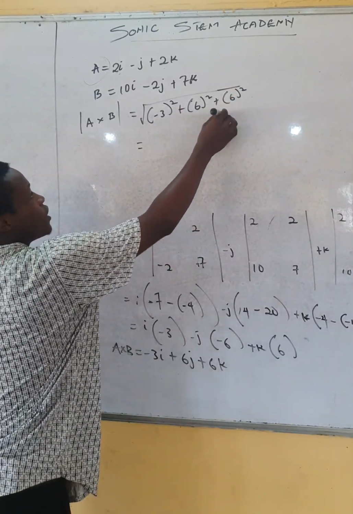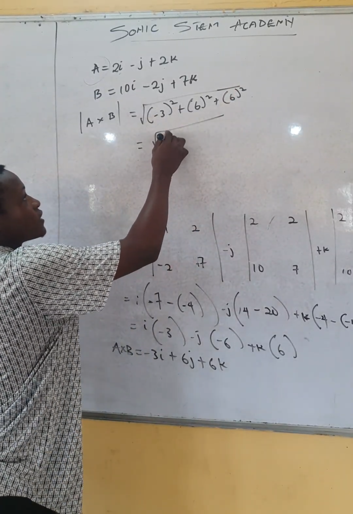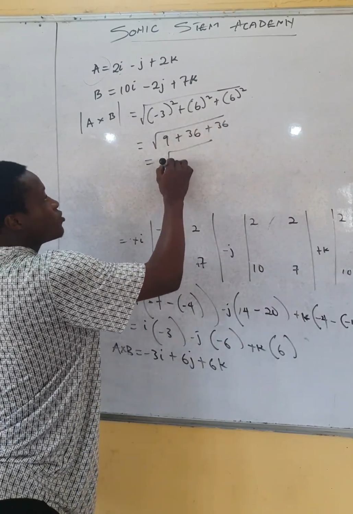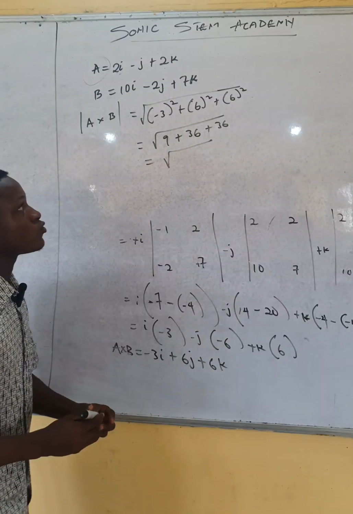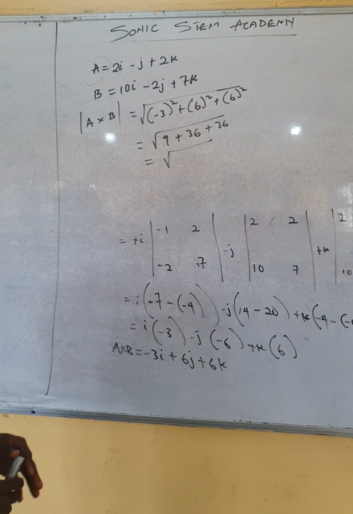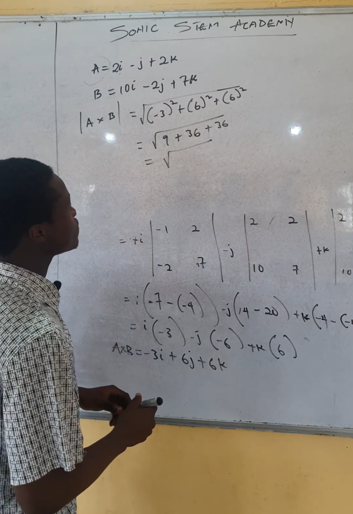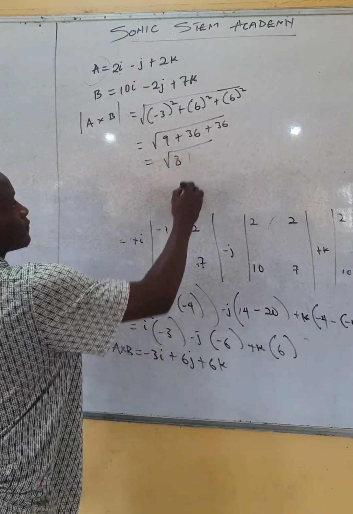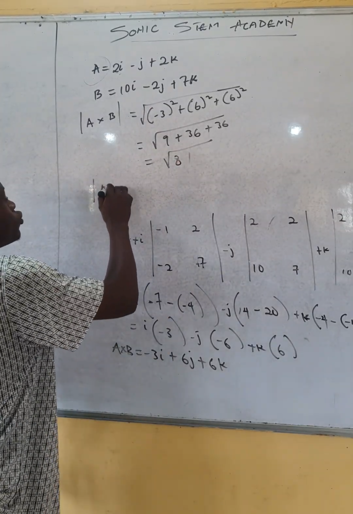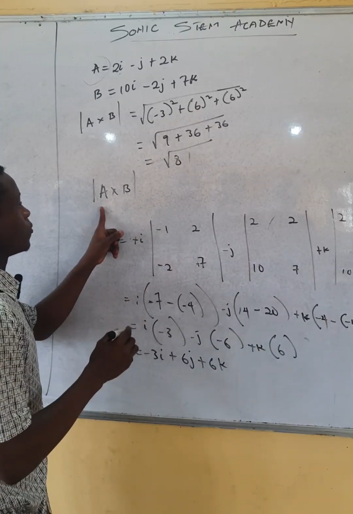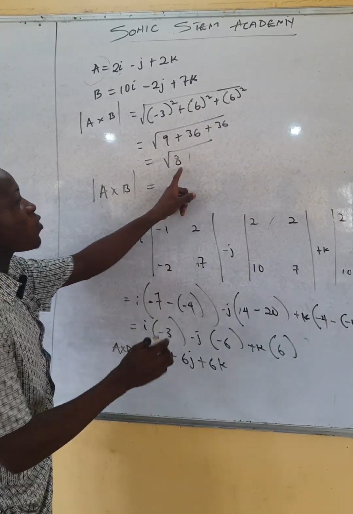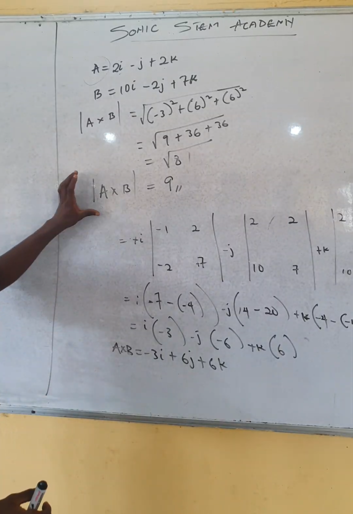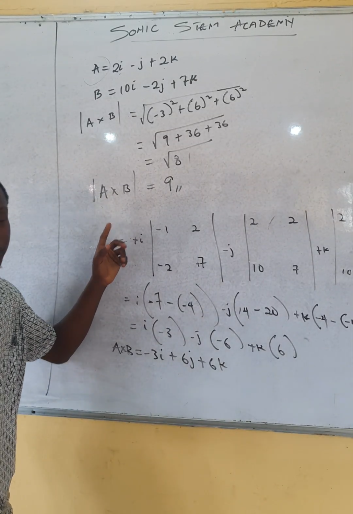So I'll be having the square root of 9 plus 36 plus 36. Now 36 plus 36 is 72, and 72 plus 9 is 81. Now, the modulus of the cross product of A and B is the square root of 81, which is 9. Now, we've gotten the modulus of the cross product of A and B.